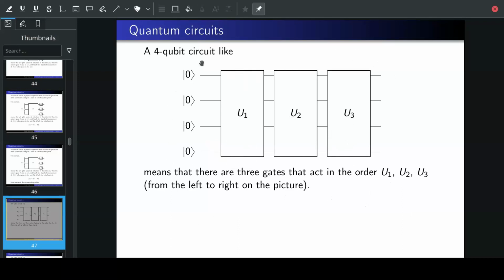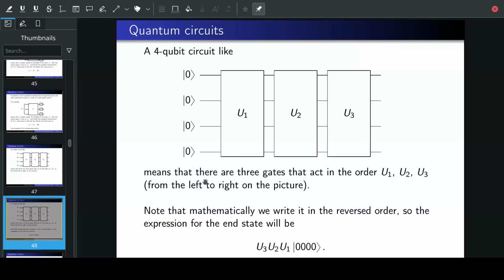So on quantum circuits, you may think that time flows from left to right, right? So here was the state, then this action happened, then this, and then this. It is important to note that mathematically we actually write it in the reverse order. So the final expression for this state will be this one.